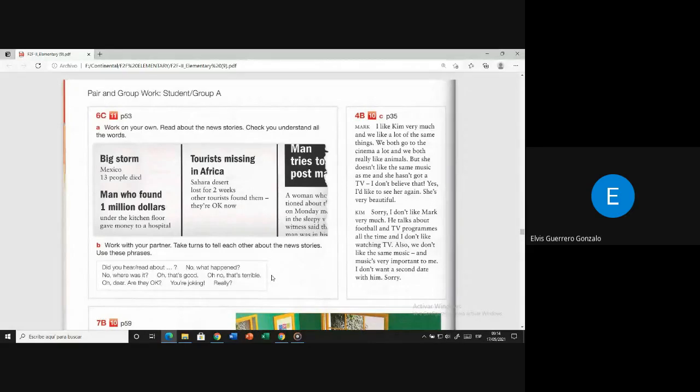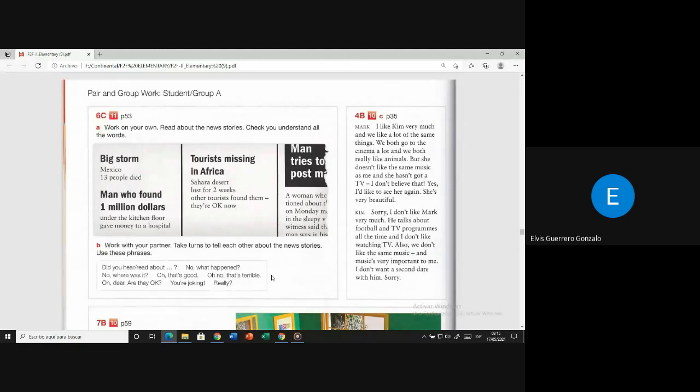Then, group 1 will work with group 2. Group 1, you will tell your story to group 2. Group 2, you will ask questions and react to the stories.